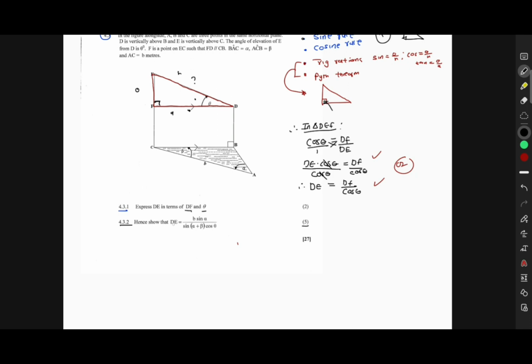I have to go and check where there is this DE. We're still talking about this DE on the first triangle that we used in 4.3.1. So I have to search for another triangle that shares a common side with the first triangle.